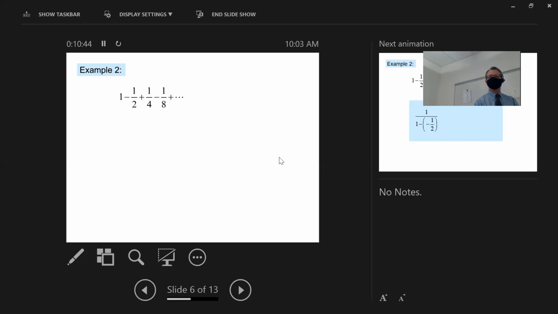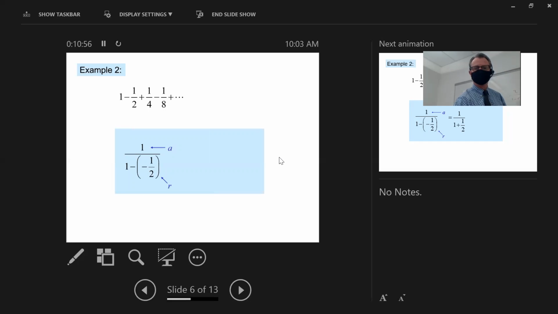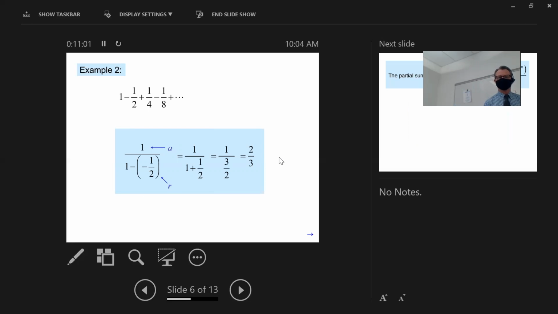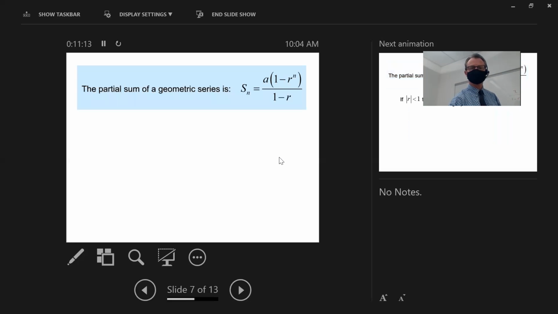Oh, what do you notice here? Yeah, or it's negative. That's fine. That's the partial sum. That's on the PDF. Why?